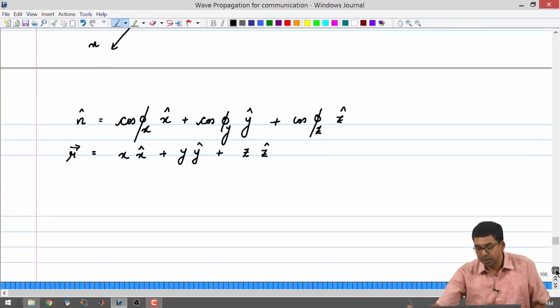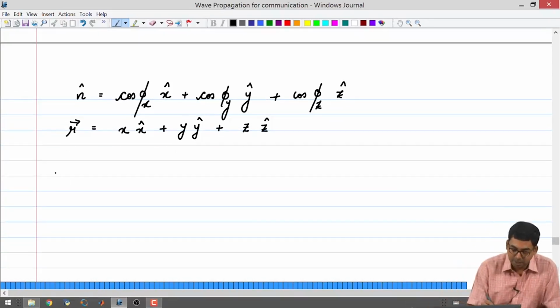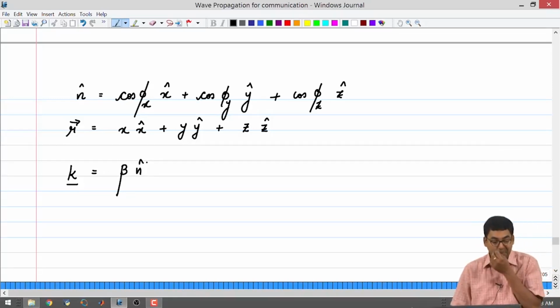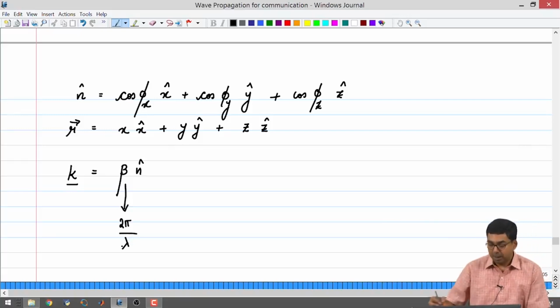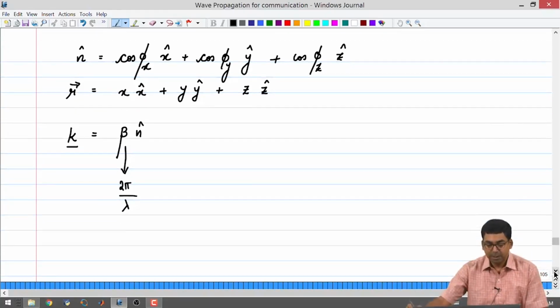So, let us make that clear in a little bit more sensible manner. The relationship between K and n is just multiplying with a constant beta, and beta is given by 2 pi over lambda, where lambda is the wavelength in the medium that you are considering.